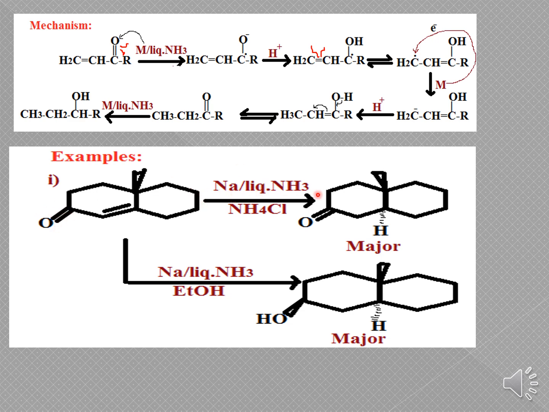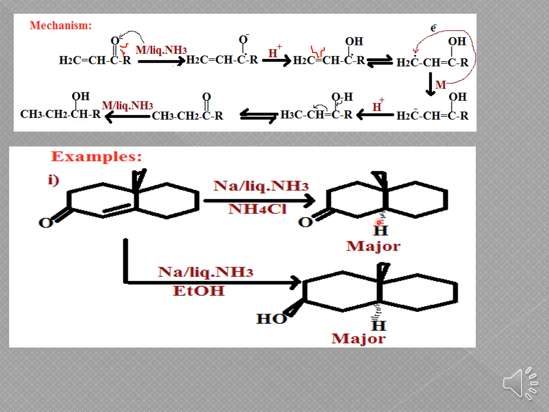Okay. Then moving on to this type of example, if we are taking the carbonyl compounds in the presence of ammonium chloride, or in the presence of ethanol, that is the alcohol solvent, then what happens? Unsaturated compounds, alpha-beta unsaturated compounds, will convert into the saturated compounds.